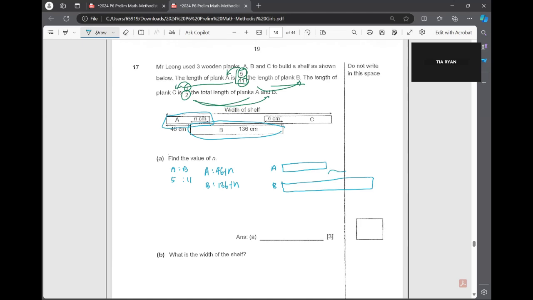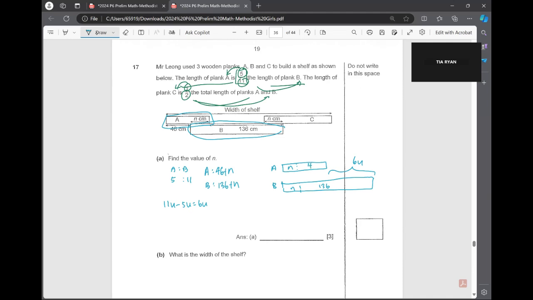And by how many units? 6 units, because 11 minus 5 units, yeah? Over here, I can say that these are the N's, right? Over here is N plus 136. Oh, this is 136. This is 46. Hence, how do I get the 6U?